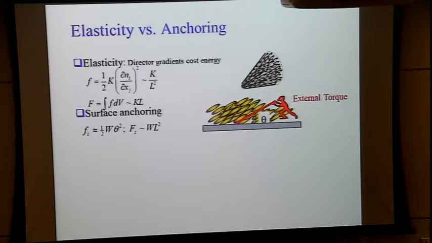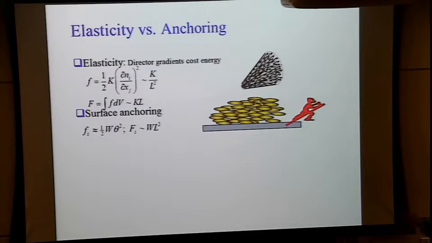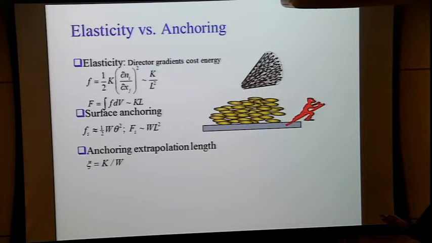Now, this just shows that if the torque is not there, the molecules come back to the original equilibrium state. If you think about the dimensionalities of these things, they should be of the same dimension, joules. You would realize that the quantity K over W has the dimension of length.